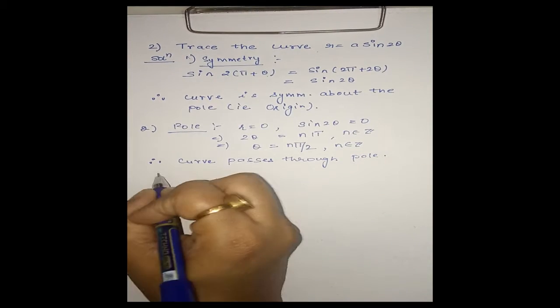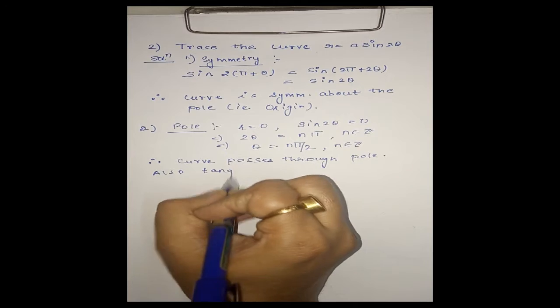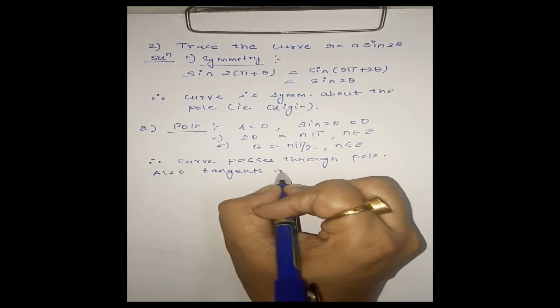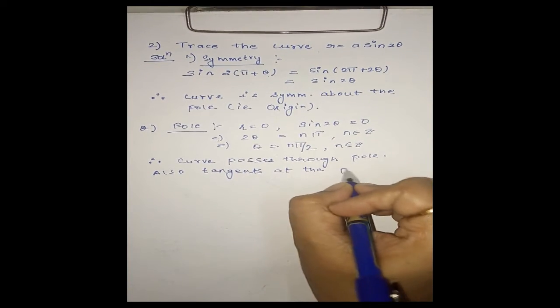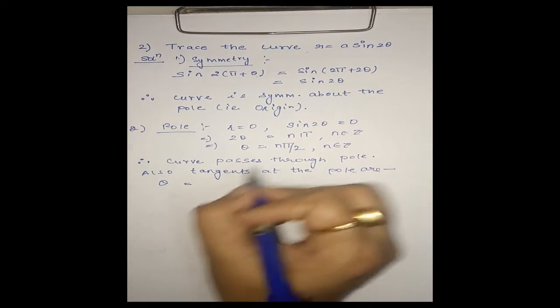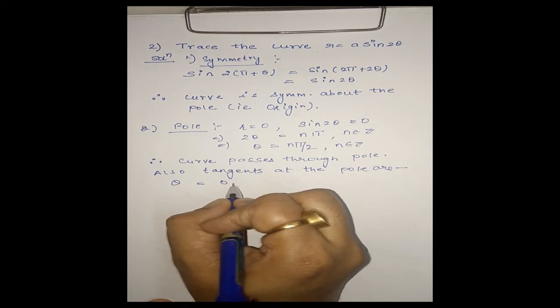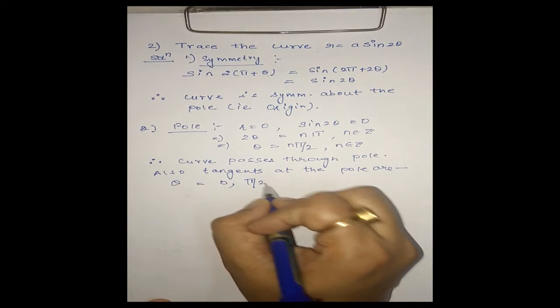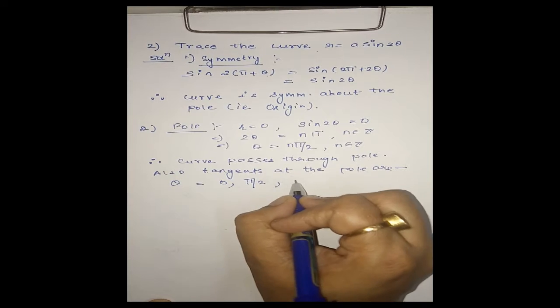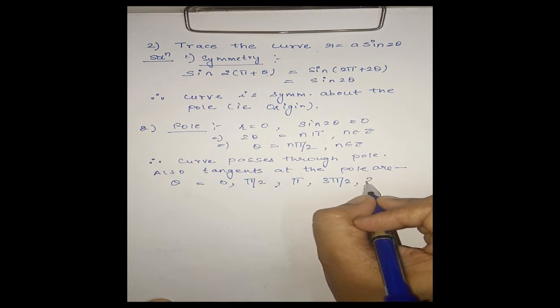Also, the tangents at the pole are theta is equal to 0, pi by 2, pi, 3 pi by 2, and 2 pi.